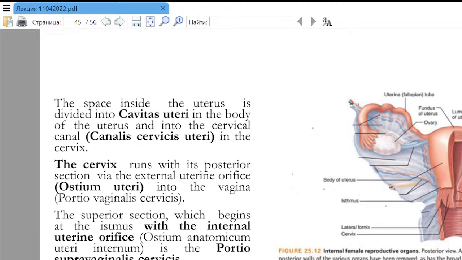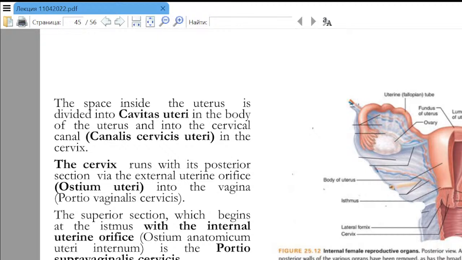The space inside the uterus is divided into the cavitas uteri in the body of the uterus and the cervical canal, canalis cervicis uteri, in the cervix.